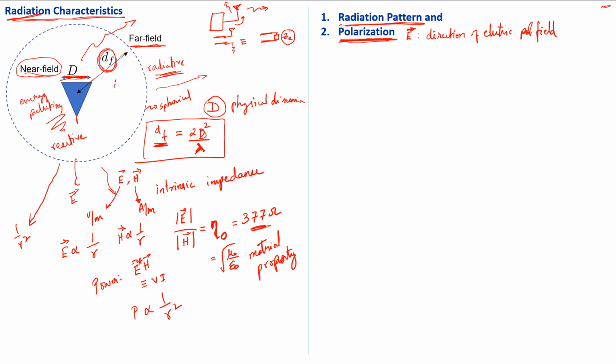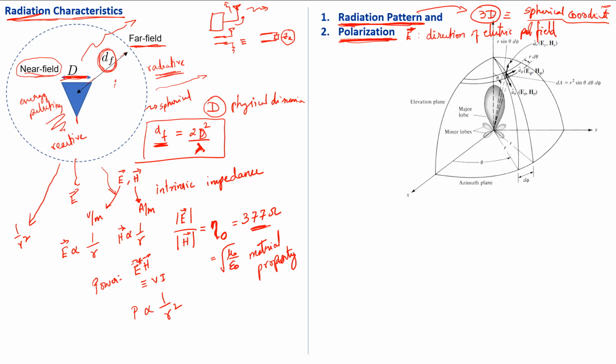But the other important aspect is the radiation pattern, where we need to look into how the antenna radiates in 3D. For that we need to look into what is called the spherical coordinate system, where the origin or the center of that coordinate system is the antenna itself.